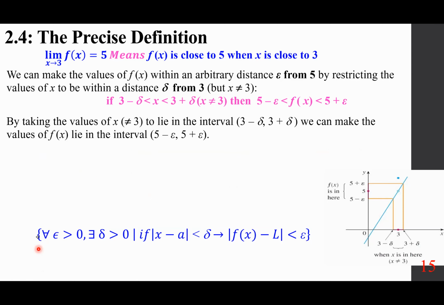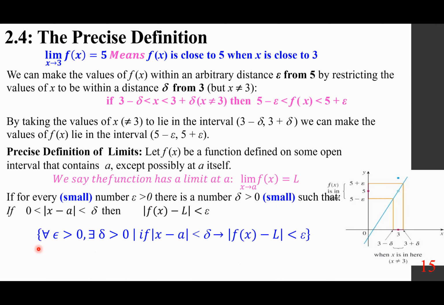We need this space. Let's erase up. And so, the precise definition of limits: let f of x be a function defined on some open interval that contains a, except possibly at a itself.